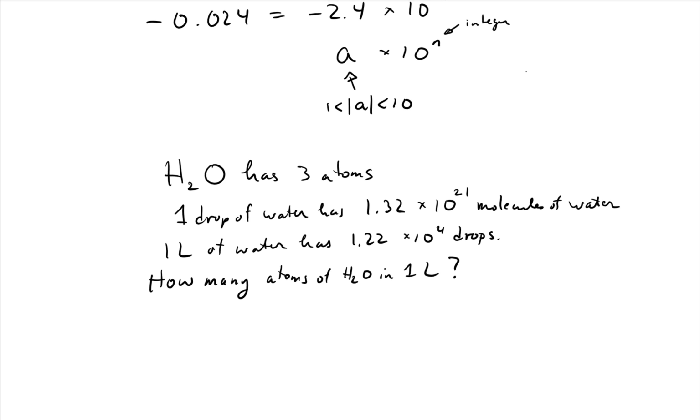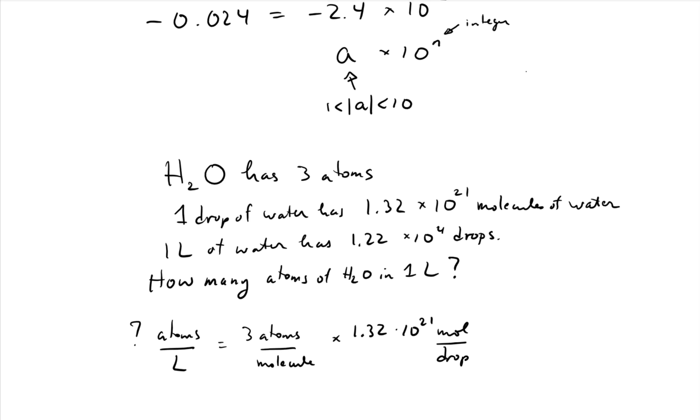So if I want to find how many atoms of water there are per liter, what do I do? Well, I've got 3 atoms per molecule. And then how many molecules per drop? Well, 1.32 times 10 to the 21 molecules per drop.